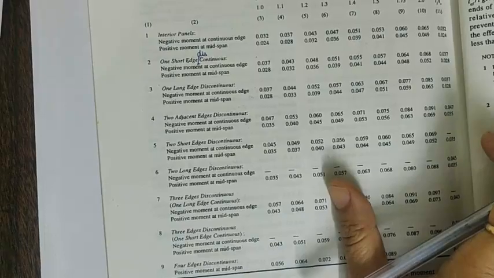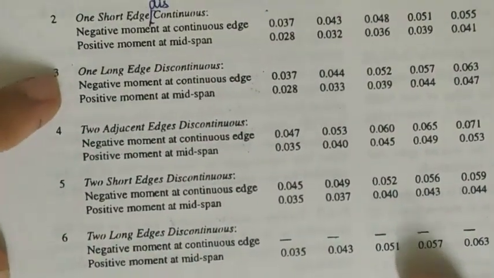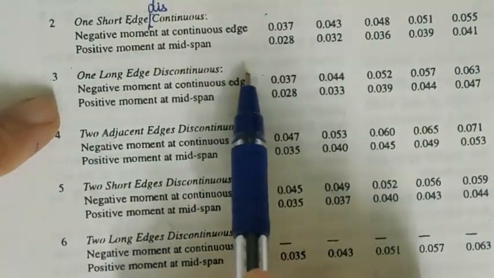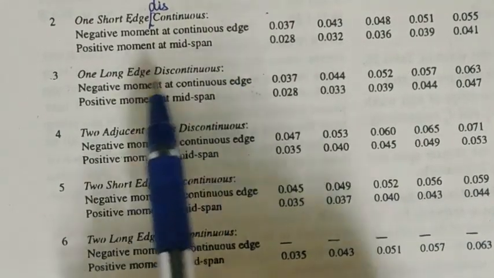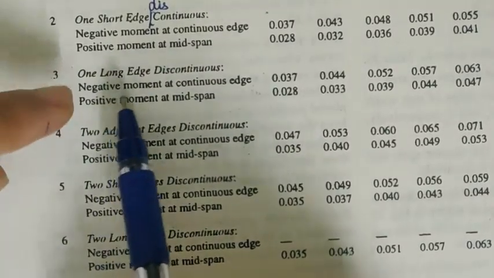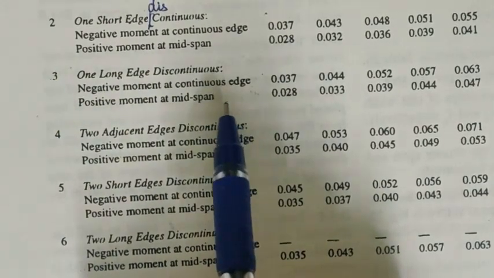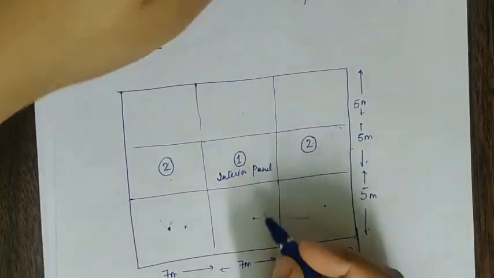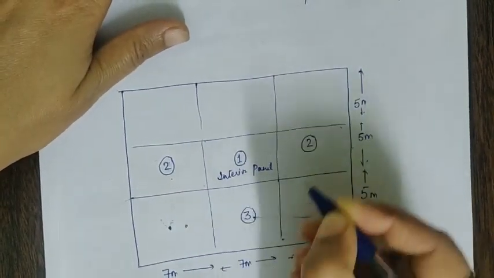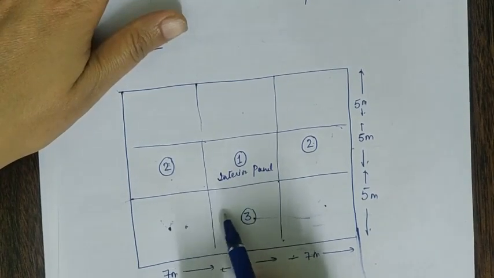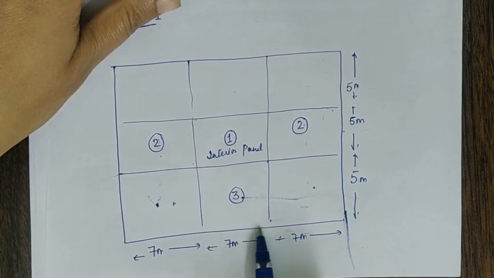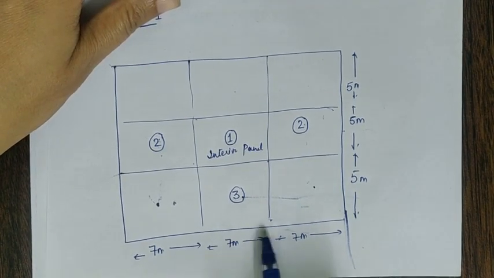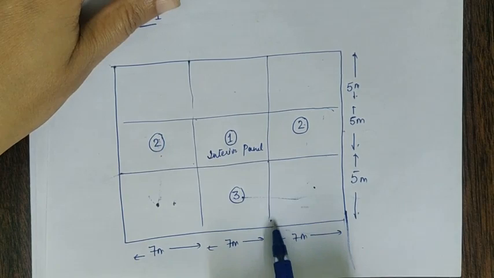Now coming to case number 3. What does case number 3 say? One long edge discontinuous. Out of the 4 edges, 3 are continuous, only 1 is discontinuous, and that discontinuous edge is a long edge. So if I look at this slab number 3, 3 sides are continuous, 1 side is discontinuous, and this discontinuous side is longer because this is 7 meters, the other one is 5 meters.